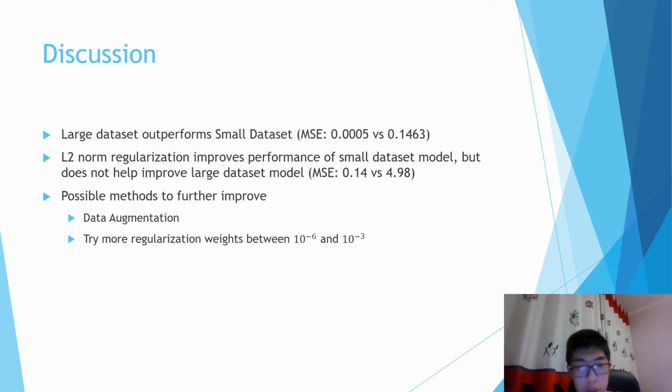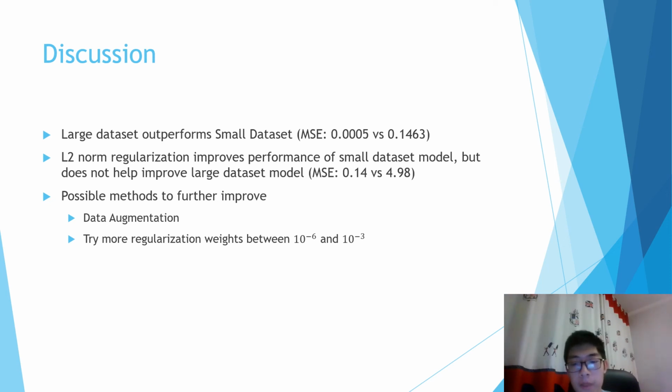I would also like to share some thoughts on possible methods to further improve this model. From the first point that the large dataset outperforms the small dataset, maybe we can do data augmentation to expand our dataset and try more parameters to give better results.